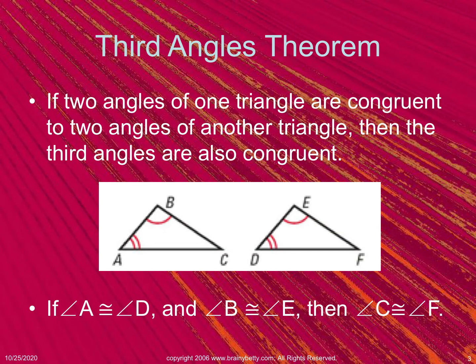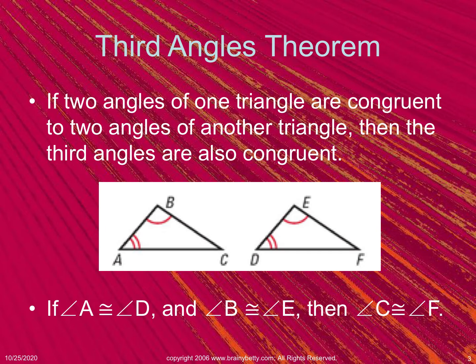And this one states that if 2 angles of one triangle are congruent to 2 angles of another triangle, then automatically that third angle is also going to be congruent. So they'll give you 2 angles that are congruent. So notice they have A and D, they have the same markings, and then B and E. So by default, you can also say that C and F are congruent.